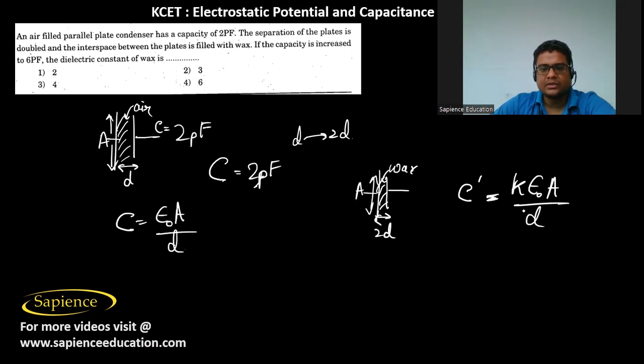No, it will be epsilon naught A by 2d. Okay. So therefore, C dash will be K by 2 epsilon naught A by d.